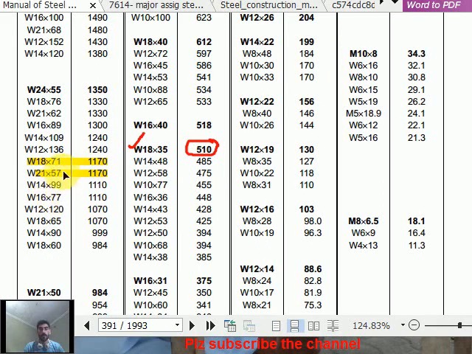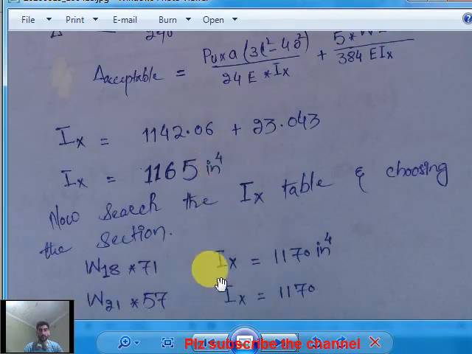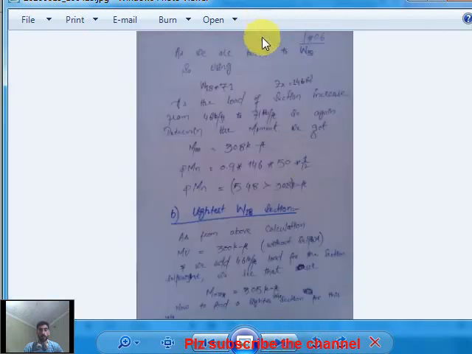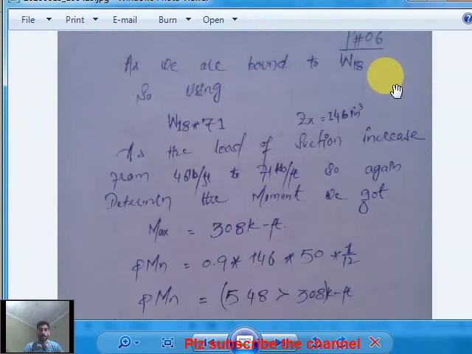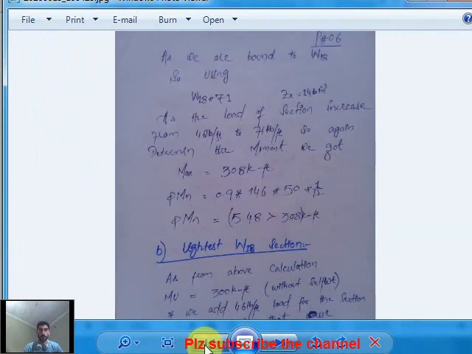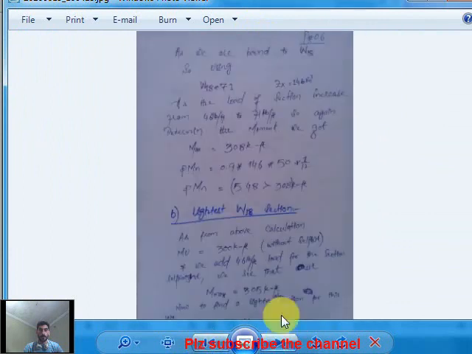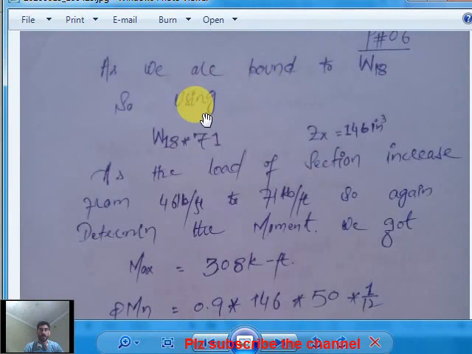So let us see. They choose two sections and they do the calculation for one section. Let's see for which section. As we are bound to W18, so using W18, I think in part 1 we are not bound, but let's say they say so accepted, but I think we are not bound.